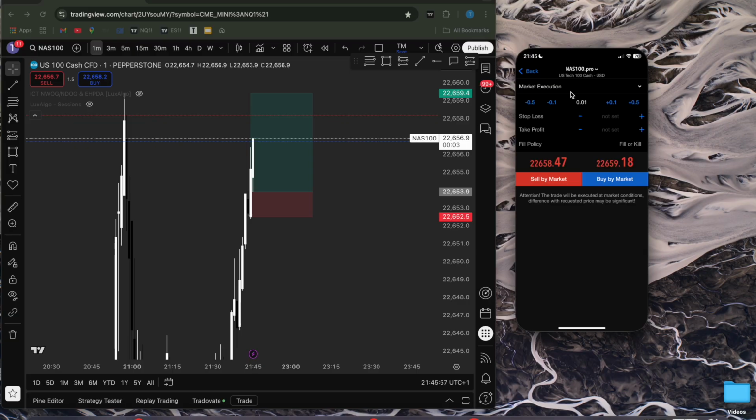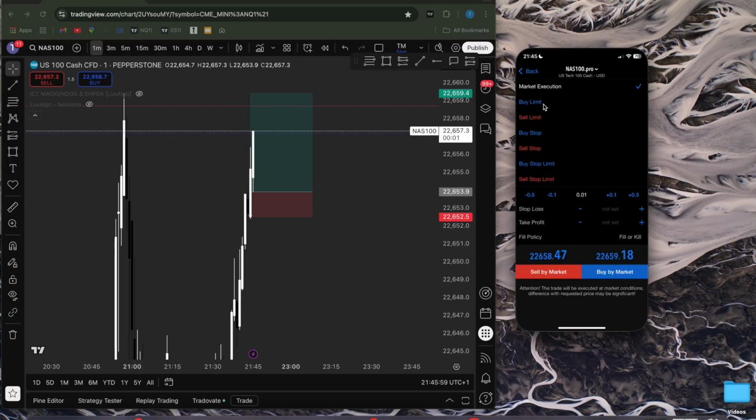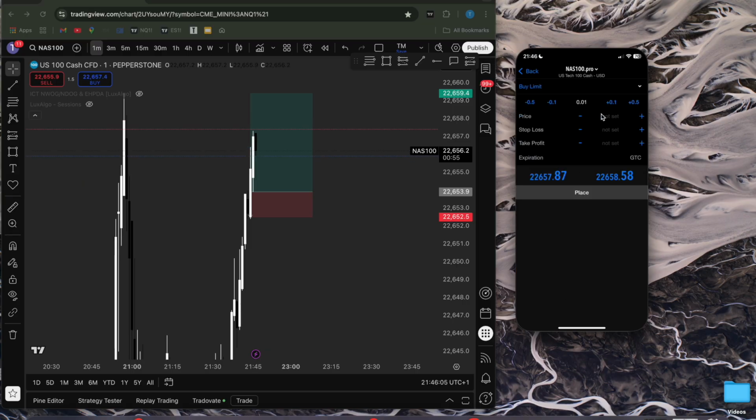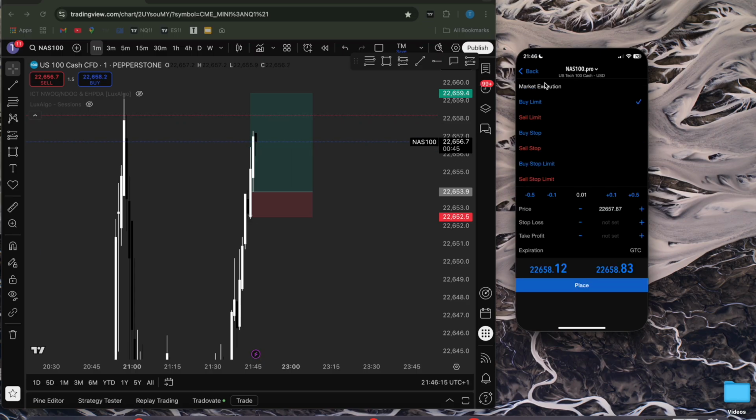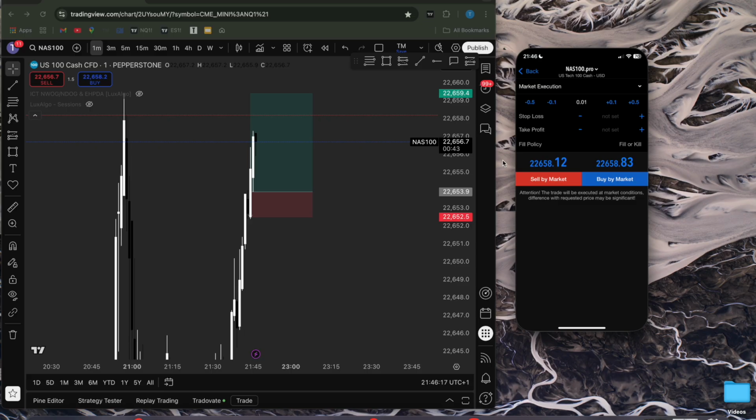So NAS trade. Here you can see market execution, buy limit, sell limit. If you were to buy limit, you set the price you want to buy at, which you can see here. You'd type in whichever price you want, and obviously the same for sell. But if you wanted to enter at market, this here is your position size.